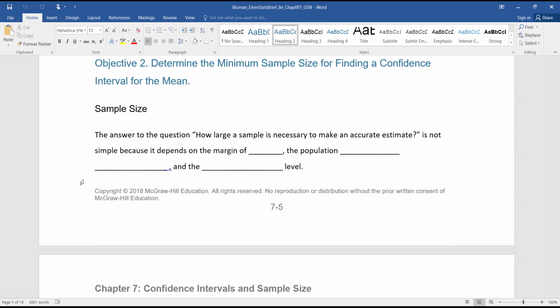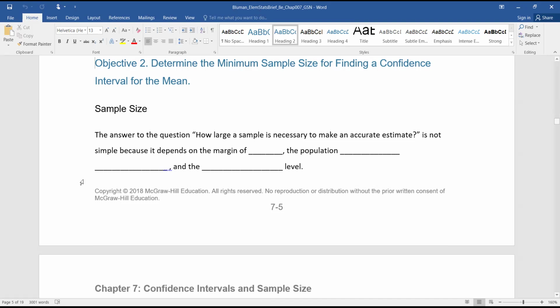All right, let's look at the second objective. We're going to determine the minimum sample size for finding a confidence interval for the mean. So there is a minimum sample size that you would need to be so confident. Remember, the larger the sample, the more confident you can be. The answer to the question, how large a sample is necessary to make an accurate estimate, is not simple because it depends on your margin of error.